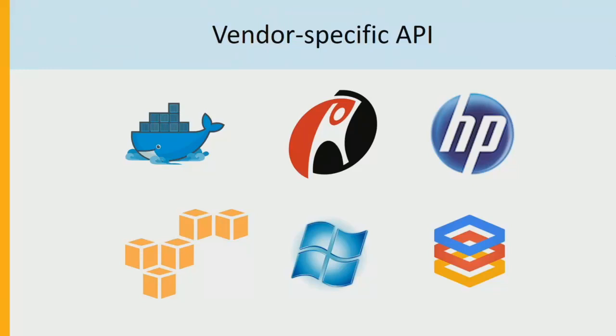To solve that problem, the open source team came up with a solution called JCloud. What JCloud does is study the SDK of each individual cloud provider and abstract them as part of one global SDK called JCloud. So if you use JCloud, the same code can be used to deploy a virtual machine on Amazon, on Azure, as well as on Google or any other provider.